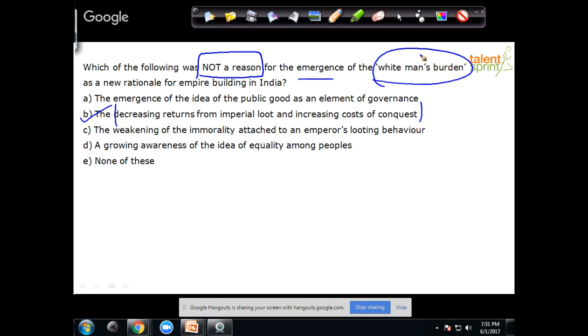We're talking about how did this white man's burden emerge as a new rationale for empire building in India.